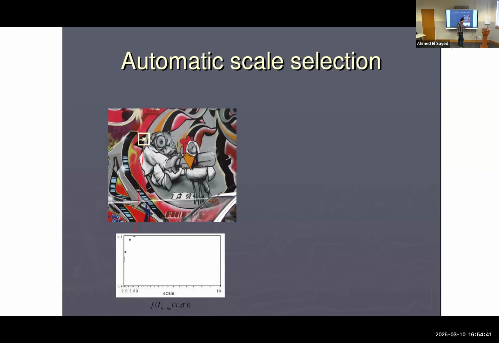Scale up the window, find the coefficient. Scale it up more, and more. So I will find the coefficient value for several scales. Then I will find which scale gives me the maximum coefficient value.